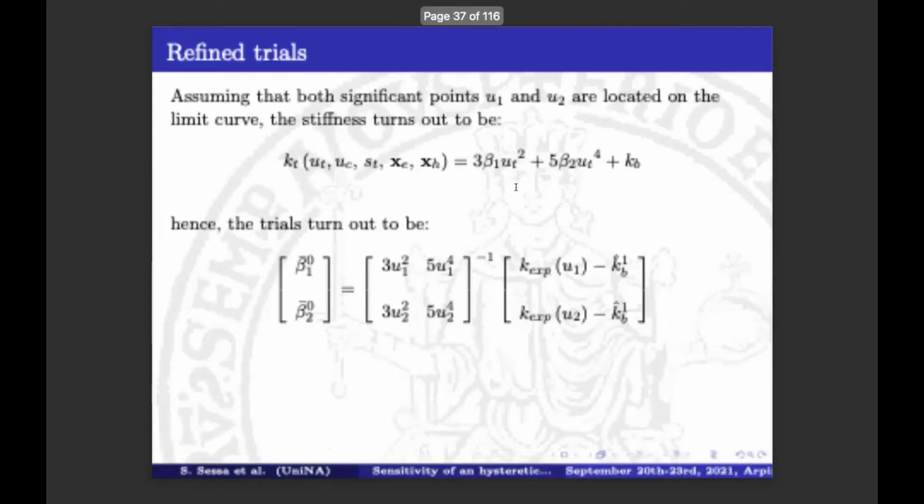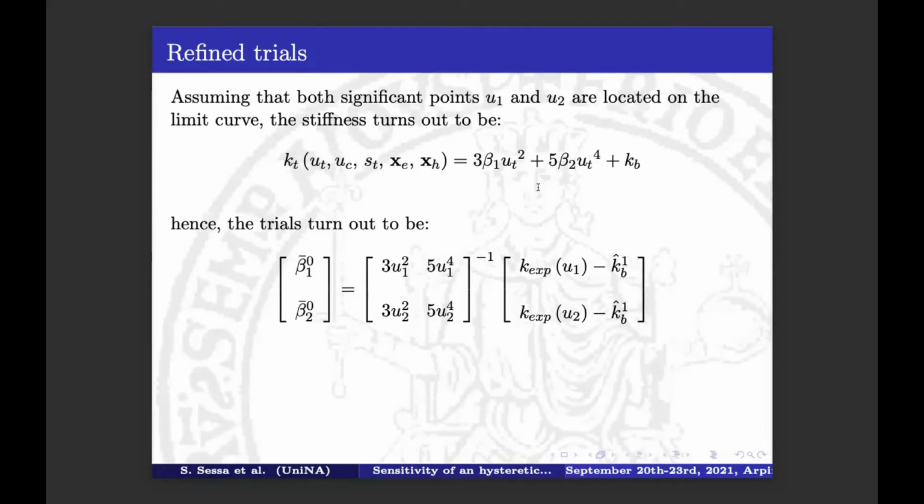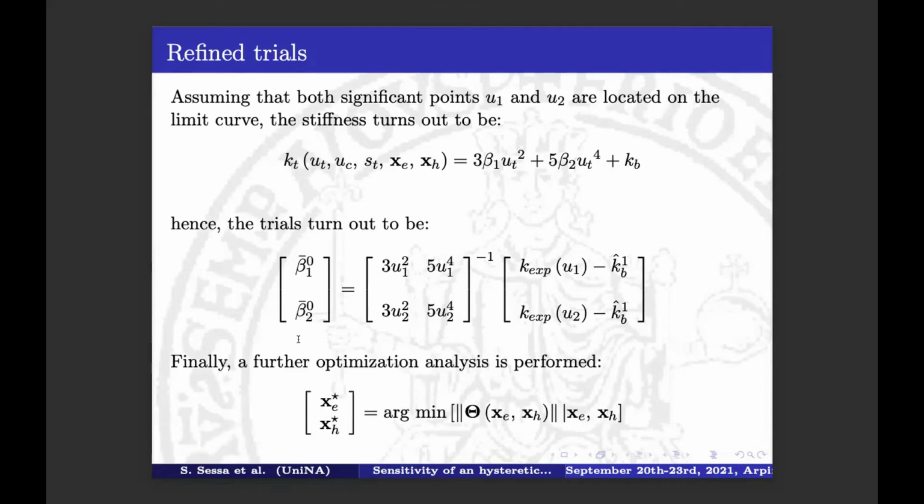So if we set two equations so that my theoretical stiffness must be equal to the experimental ones, then we can get this system which can be inverted, and so the first trials of beta can be computed in closed form. These are introduced into an optimization algorithm again, and we can get the final estimate of the parameters.